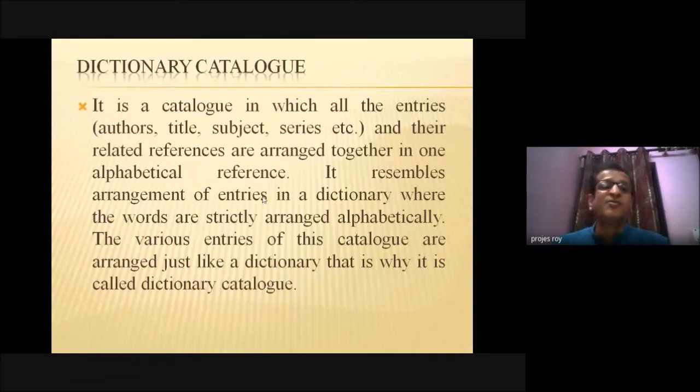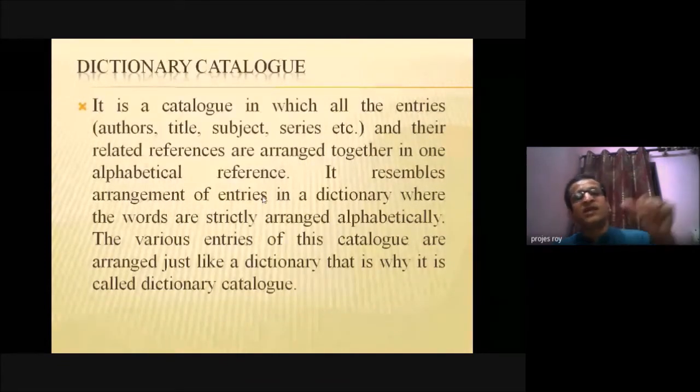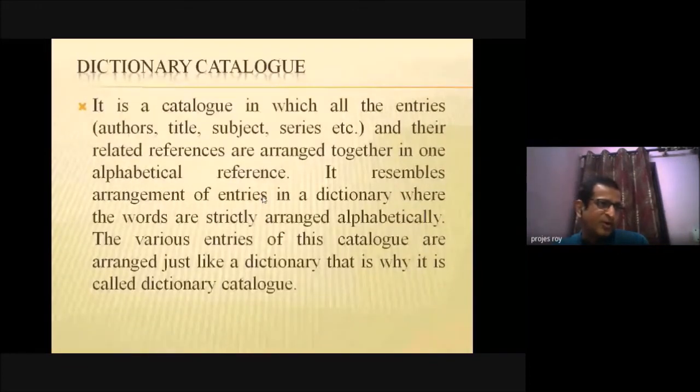Suppose you have books on economics, whatever title comes on economics, whatever subject comes on economics, all will be arranged, whatsoever the author is. Or suppose E for economics, there you can see economics and Edward Roger or Roger Edward kind of thing, whosoever the author is, that will also be alphabetically arranged.